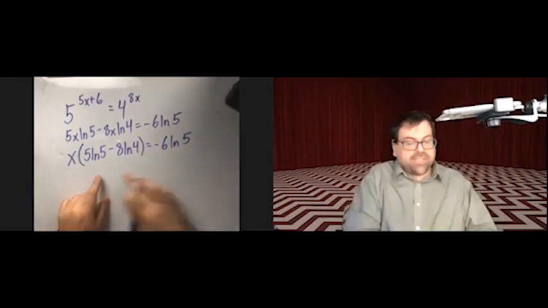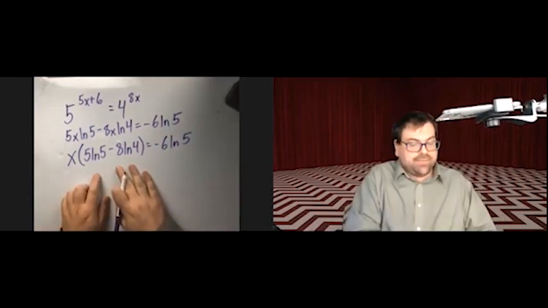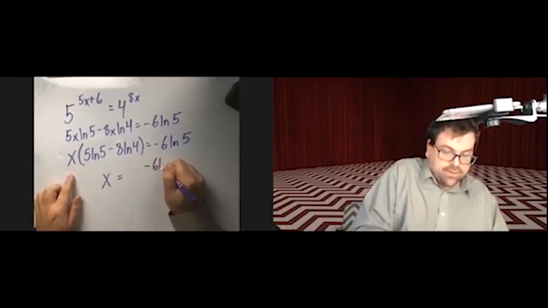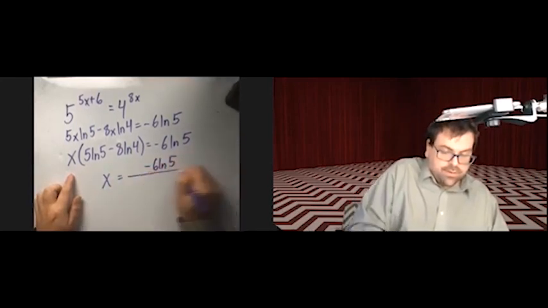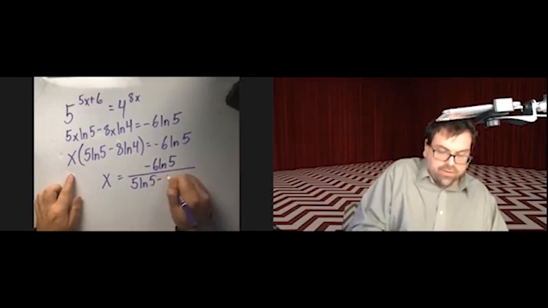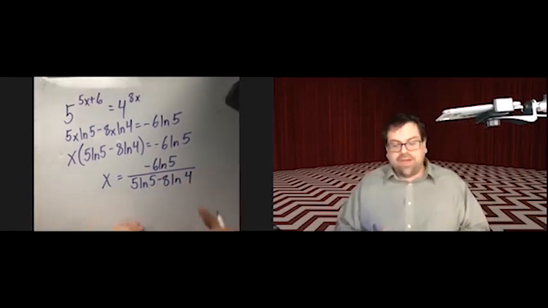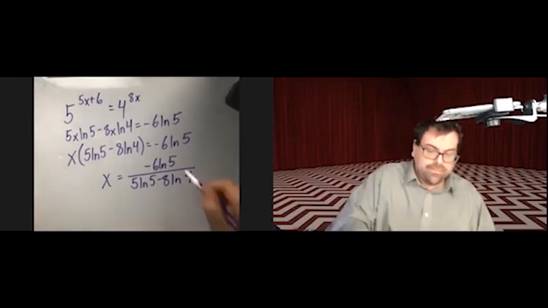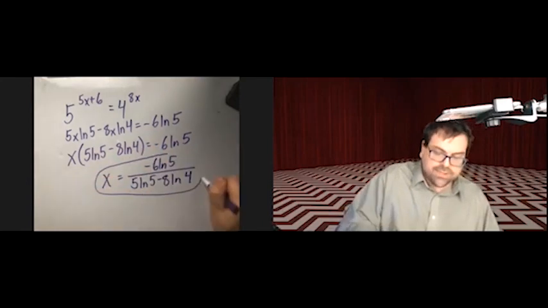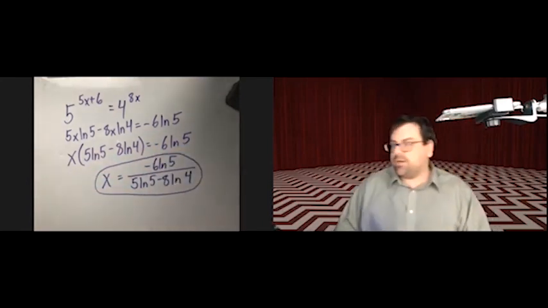And we can divide both sides by this factored piece, leaving us with just an x. Now, if you have a calculator with a natural log button, you can find the decimal approximation here. But this is what I'm looking for. X equals, and then everything written in terms of logs.